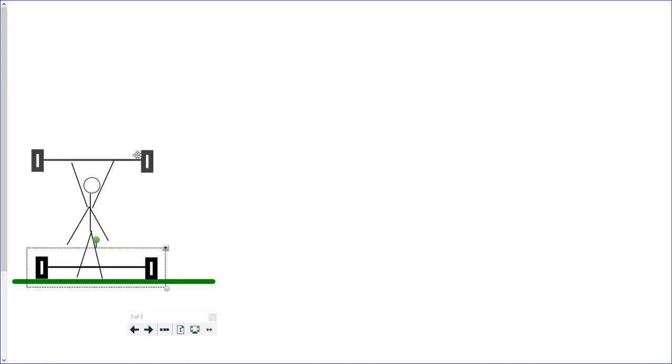So say that the weight of that load, carefully listen, and I will write these values as well. The weight of the load is 2000 Newton. The height lifted is 2 meters.